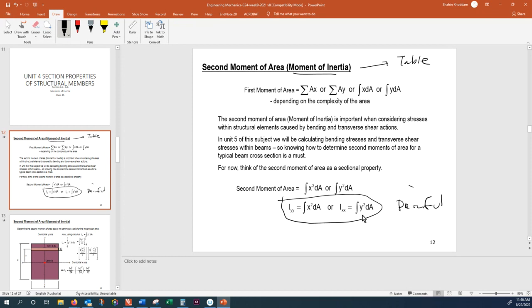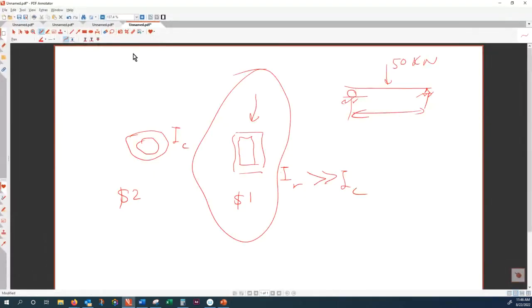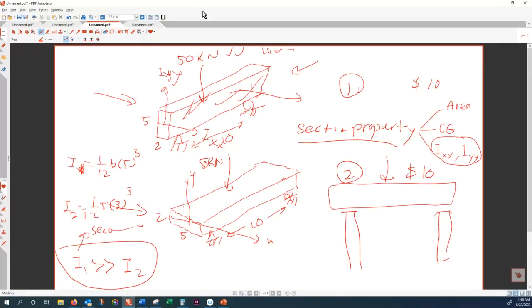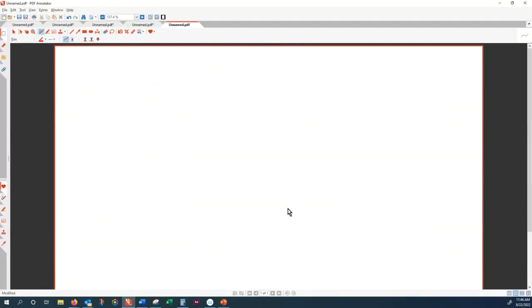So let me explain what it means. Let's go back to the very same example I showed you here. This is a circular, this is a rectangular cross section. All right. So with this rectangular cross section, I want to consider two configurations.